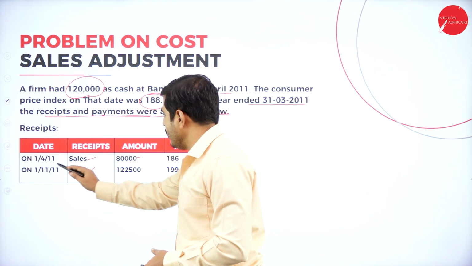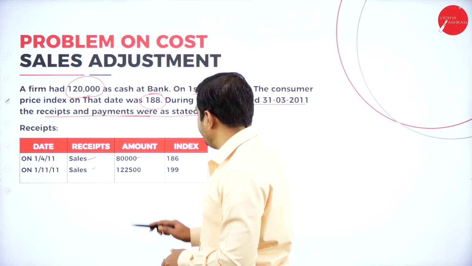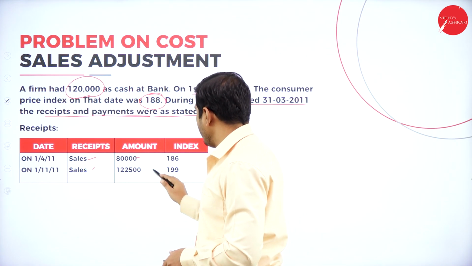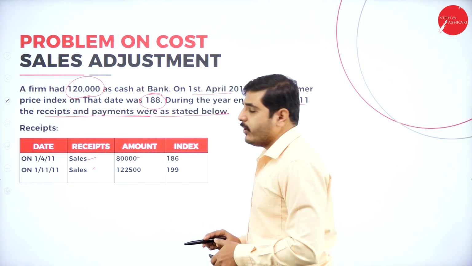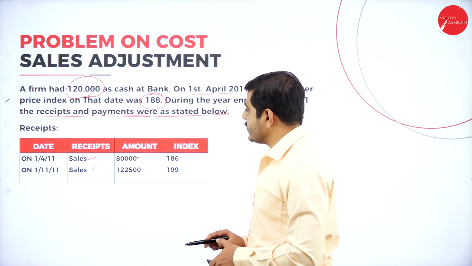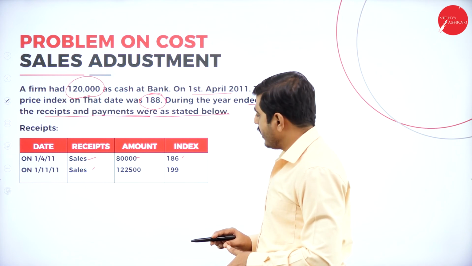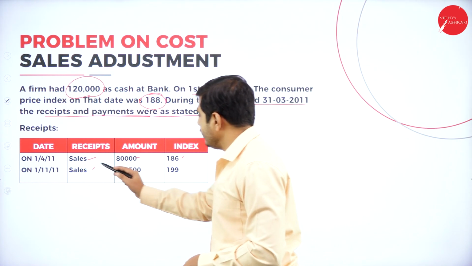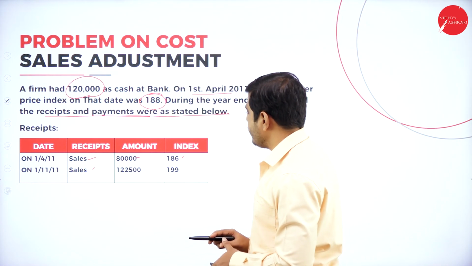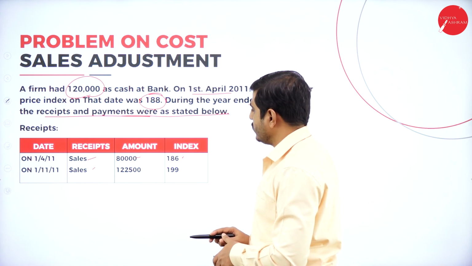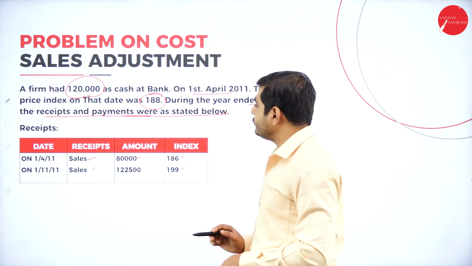Because of sales on 1/11/2011 we received 1,22,500 rupees. The index on 1/4/2011 was 186, and the index on 1/11/2011 was 199.